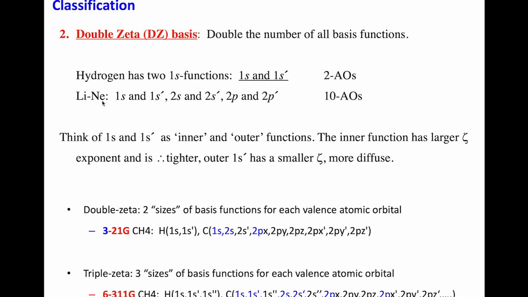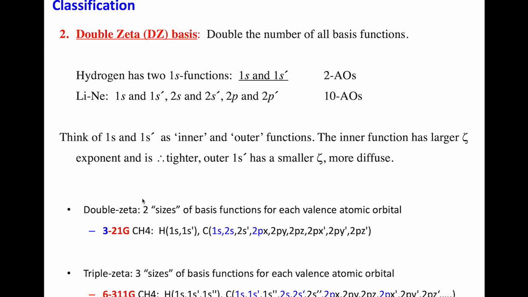Then lithium to neon has 10 atomic orbitals. Think of 1s and 1s dash as inner and outer functions. The inner function has a larger exponent, eta, and is therefore tighter. The outer 1s has a smaller eta, and is therefore more diffuse. A double zeta basis set has 2 sizes of basis functions for each valence atomic orbital.